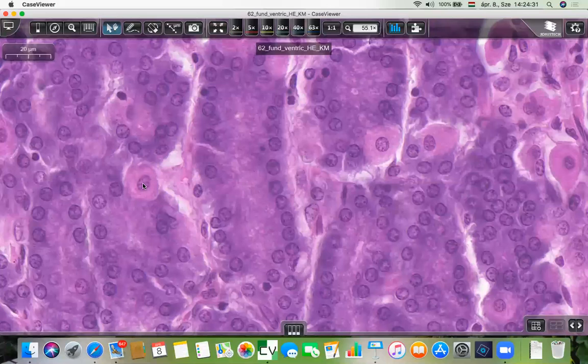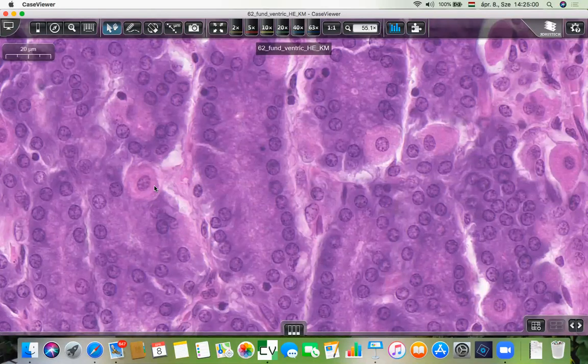These are the parietal cells. Parietal cells secrete hydrochloric acid. The pH in the lumen of the stomach is approximately 2 to 4, but the average is really close to 2. So it's really acidic, caused by the hydrochloric acid secreted by the parietal cells.